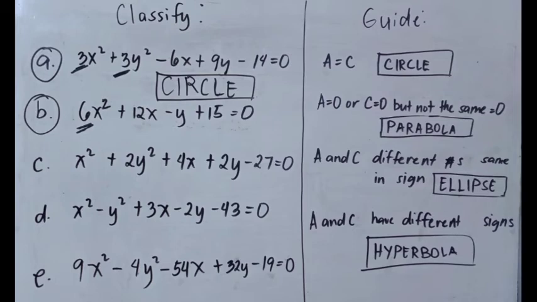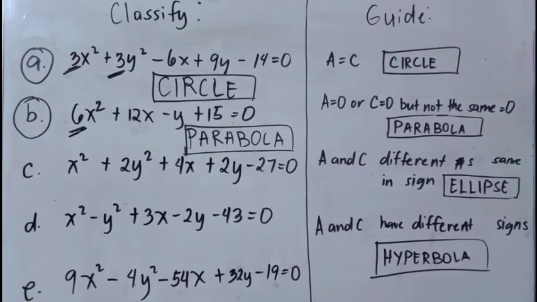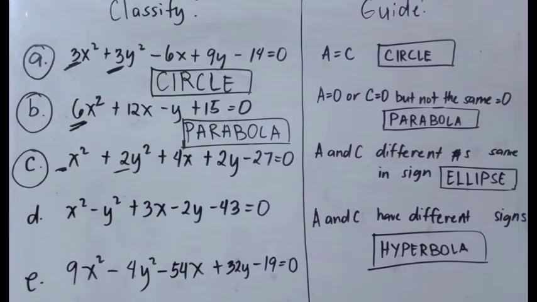And if we look at our guide, which of these definitions is satisfied? That is the second one. It says here that if a is equal to 0 or c is equal to 0 but not both equal to 0, that is a parabola.